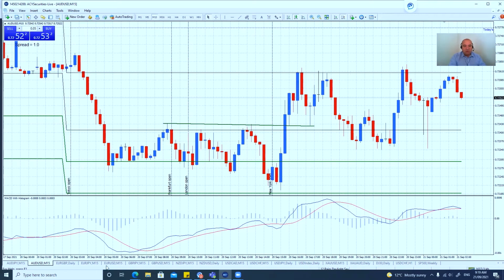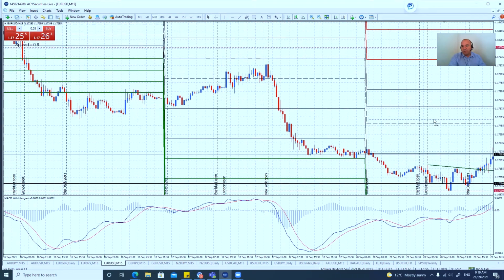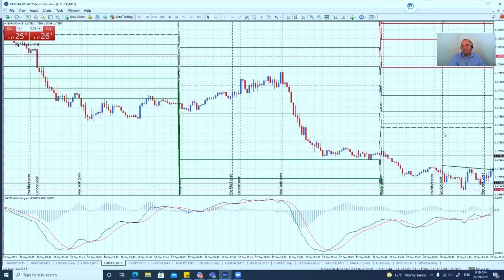Now, the euro US dollar, we're pretty good on the euro. They're asleep. The US is asleep. So far, there's not a lot of activity going on this morning. Let's have a look at the trade very quickly. There's our entry there.